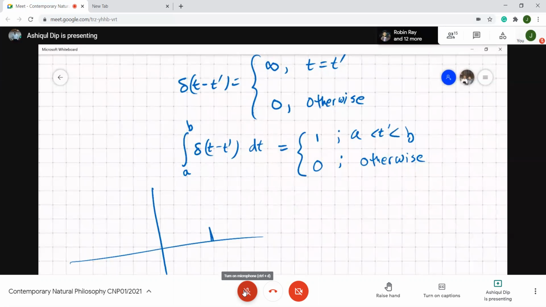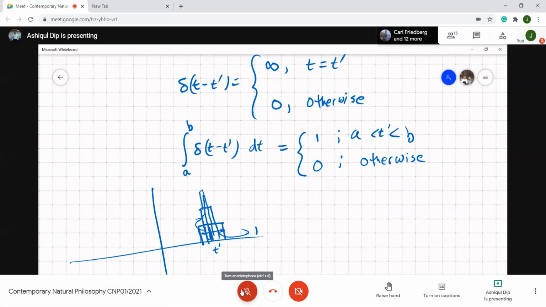First you start with unit area, where the width is 1 and the height is 1. Then you make it thinner, so the width is now half but the height is 2, and then thinner and taller like that, and by doing this successively you get your delta. That's what we mean by our delta.